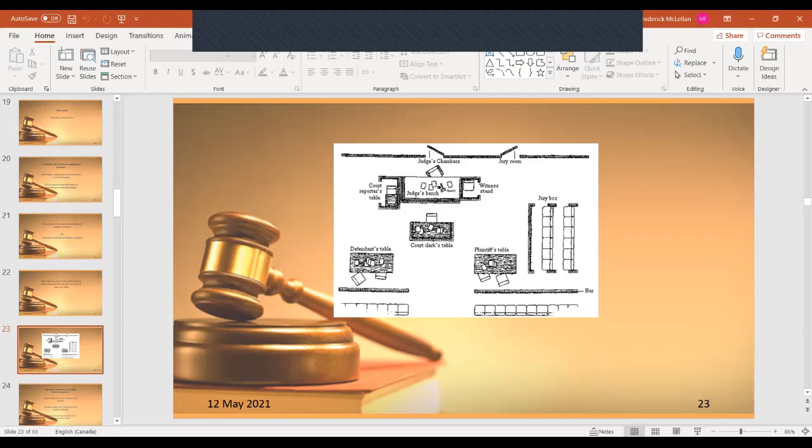Now, this is an overhead view, but if you were looking at this straight on, you would see the judge's bench at the top of the room, but it would be elevated. It would be significantly elevated over everybody else. Why would that be? Anybody? Why would the person sitting in the front?